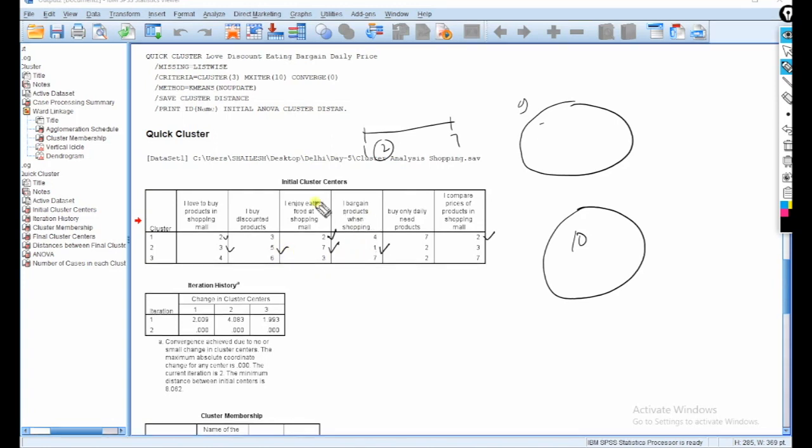So we can get a sense from all these 3 variables. Same for cluster 3: the ratings are 6, 7, 7, high ratings. So we can combine all the 3 questions and give names to these clusters. This is the purpose of the initial cluster centers.